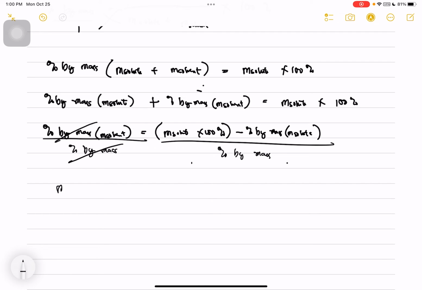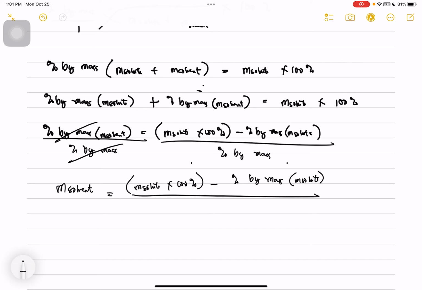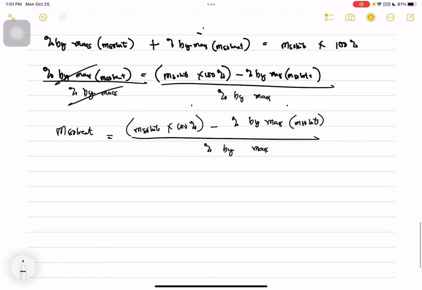So we'll have m solvent is equivalent to m solute times 100% minus percent by mass times the m solute, all divided by the percent by mass. So we now have the formula that we're going to use to solve for the mass of the solvent or the grams of the water.